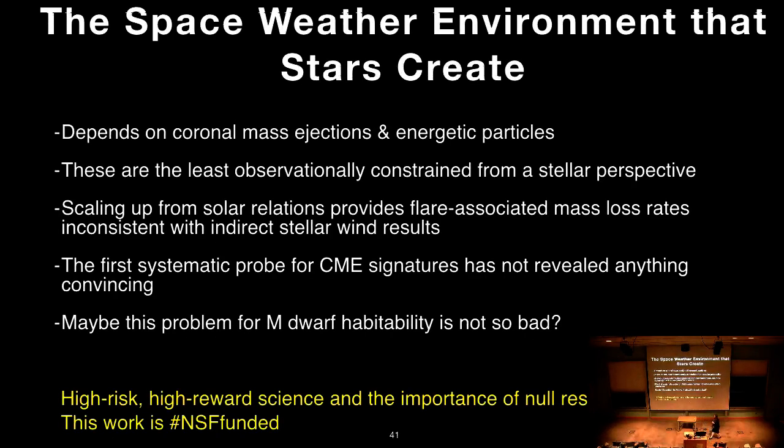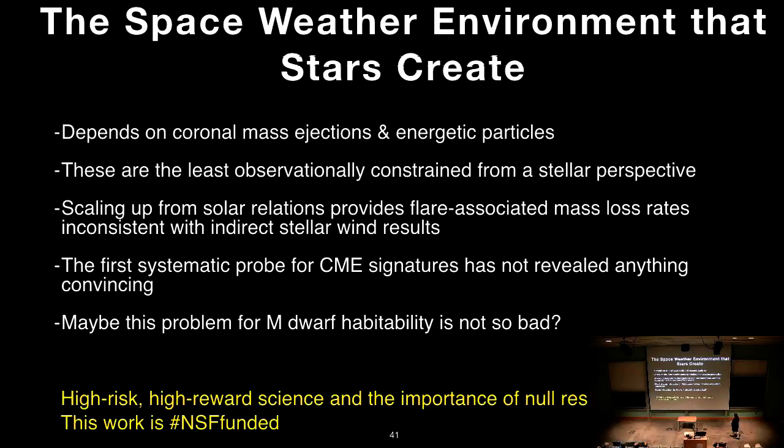Okay, so I'll end where I started with the space weather environment that stars create. It depends on coronal mass ejections and energetic particles. These are the least constrained observationally from a stellar perspective. They're the most interesting. The current tools that we have mostly involve scaling up from solar relations.